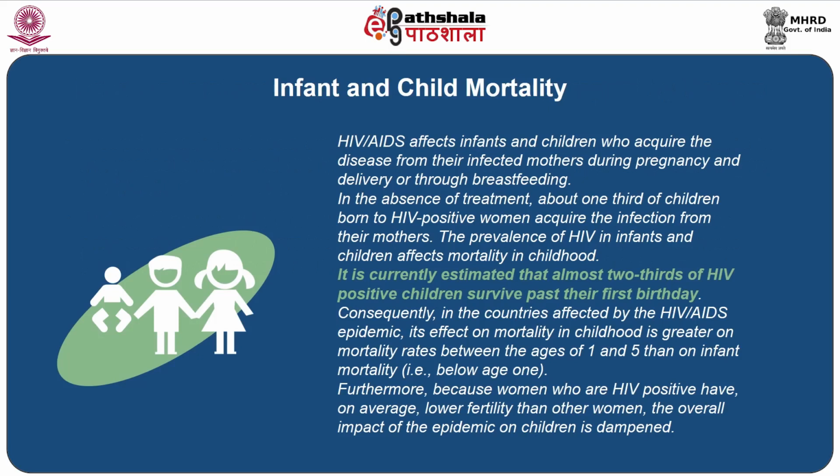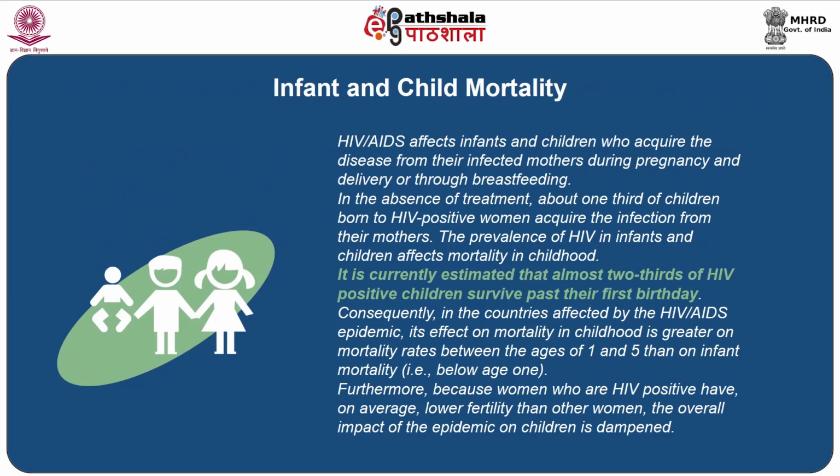It is currently estimated that almost 2/3 of HIV-positive children survive past their first birthday. Consequently, in the countries affected by the HIV/AIDS epidemic, its effect on mortality in childhood is greater on mortality rates between the ages of 1 to 5 than on infant mortality, that is below the age of 1.